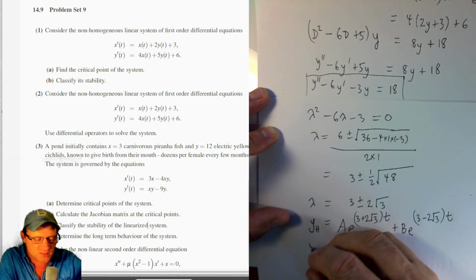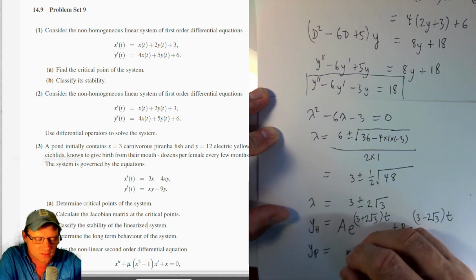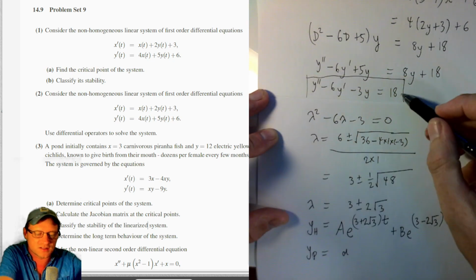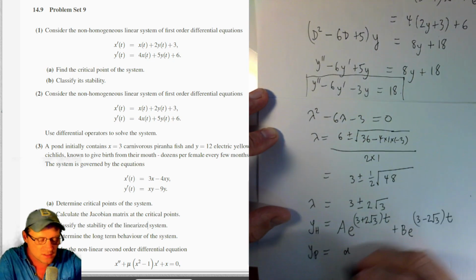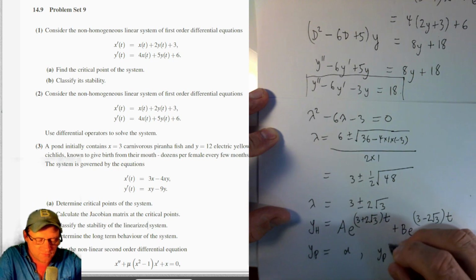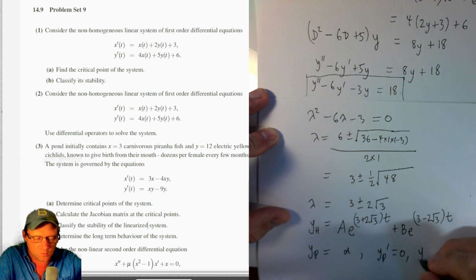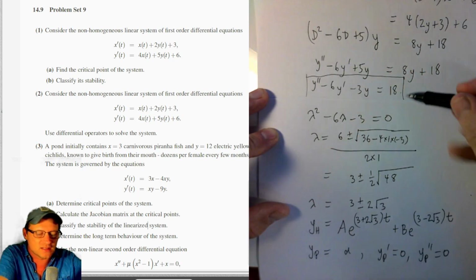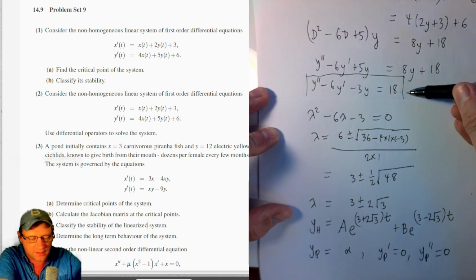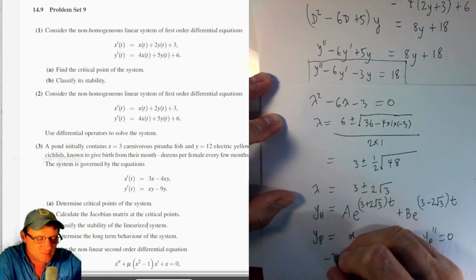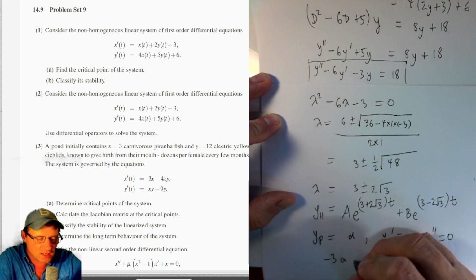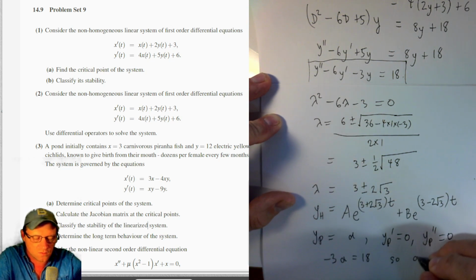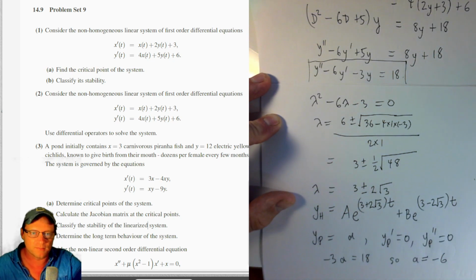And now we'll guess y particular equals, say, lowercase a, because this right-hand side is a constant. Now differentiating that, we've got yp' is 0, yp'' is also 0. So subbing these into this differential equation, what we get is -3a is equal to 18. And so a is -6, which is 18 divided by -3.